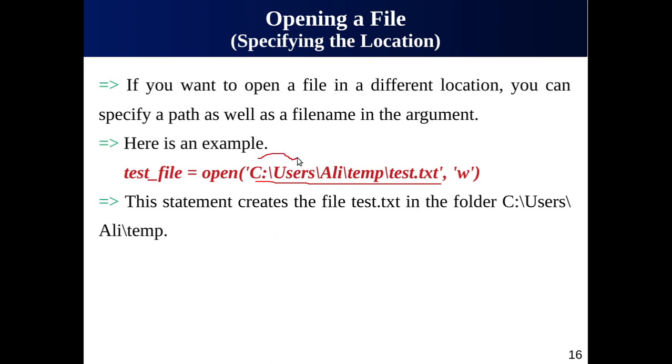Inside the users folder I have another folder Ali. Inside the Ali folder I have another subfolder temp, and inside the temp I have the file test.txt. Now the interpreter will go to this location to access the file test.txt, and this is known as specifying the location, and this is required only when the file and the Python are not in the same folder. I hope it will be clear to you.